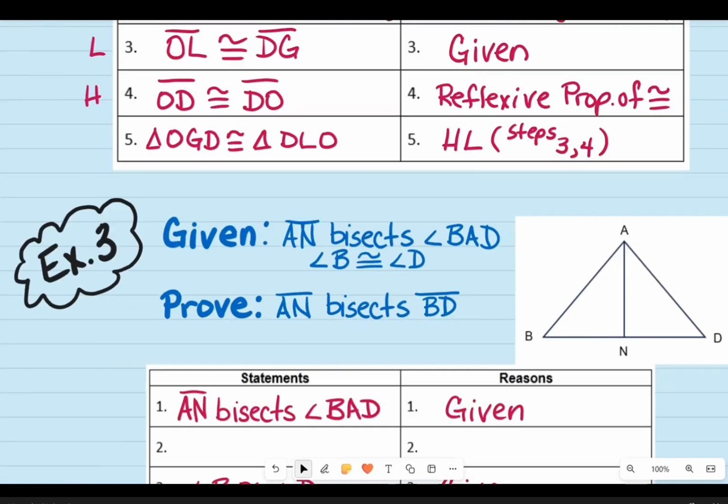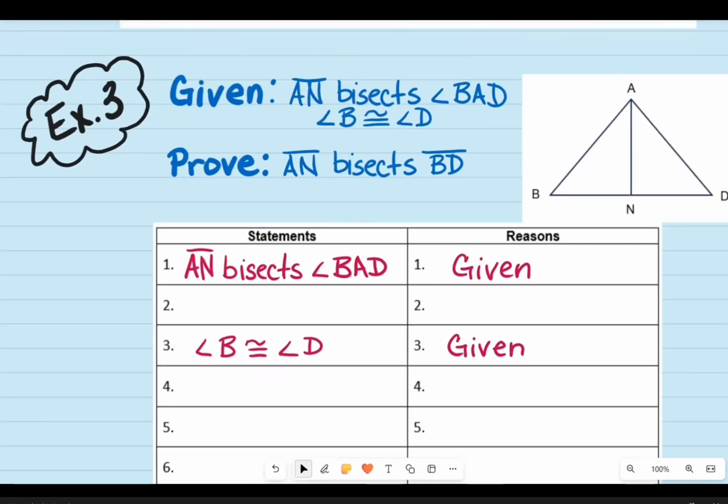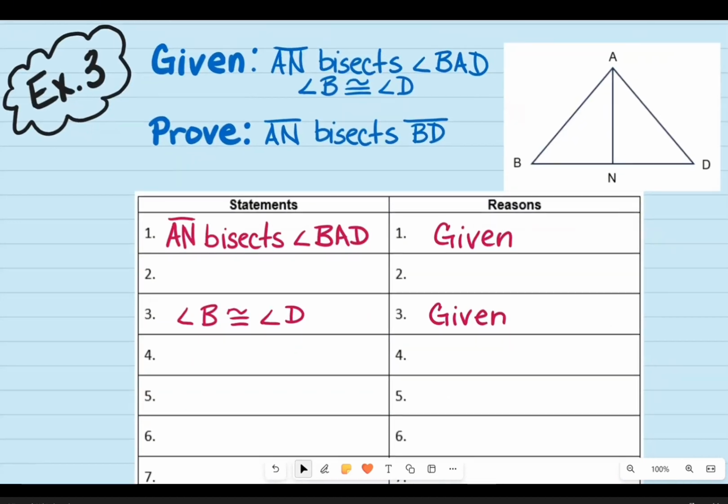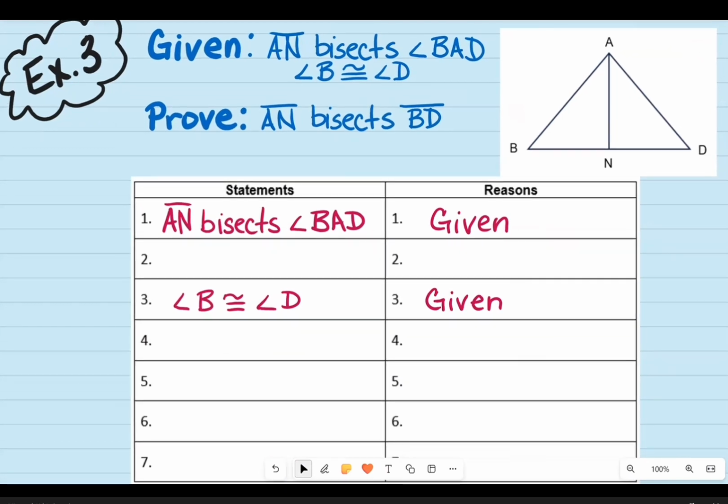Finally, for example 3, we're given that segment AN bisects angle BAD, and we're also given that angle B is congruent to angle D. So I'm annotating the actual bisecting of the angle, and I'm also going to annotate angle B is congruent to angle D. You could wait to do that, or you can just go ahead and do it since it's in your given.